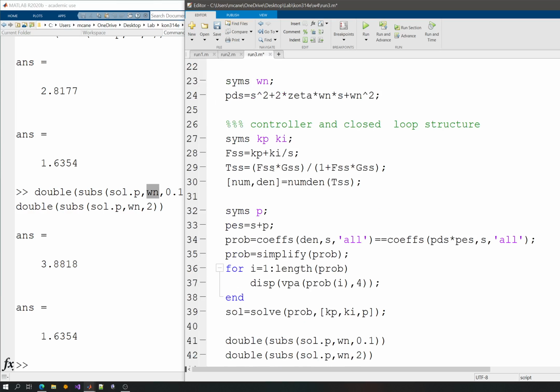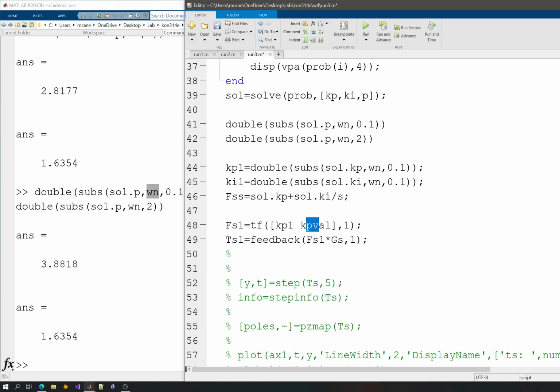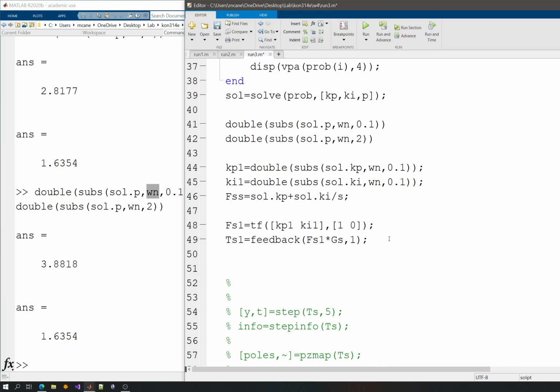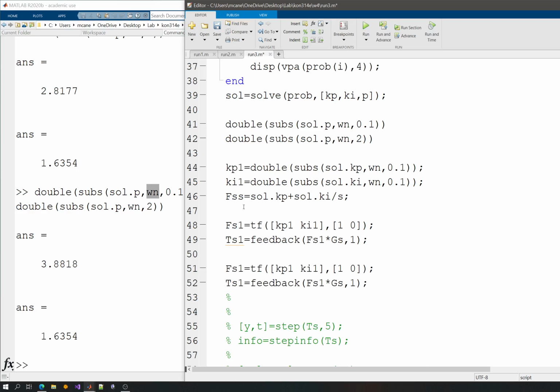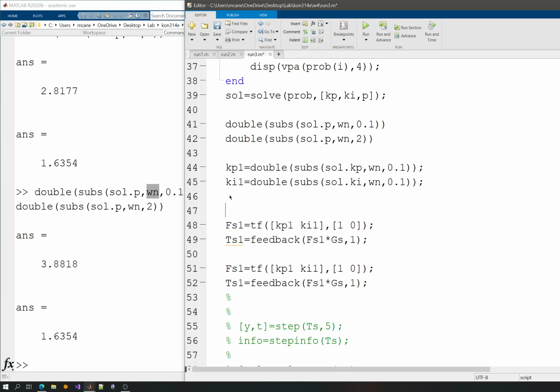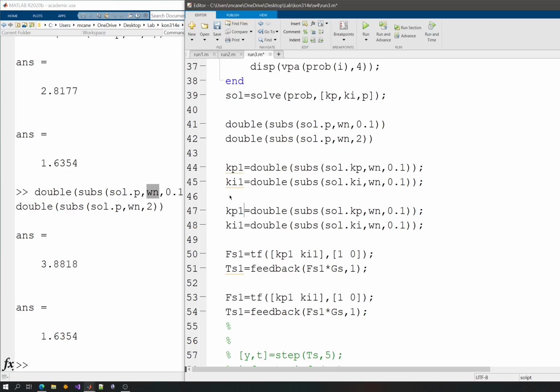Now, since my controller term is kp times s plus ki divided by s, I will first give kp and then ki. So this way I will define it. Since I have an integrator, I should also change this here. Now I have the first controller that I've used here. I will also define the second one, and this is not necessary, so I can also use a different solution set here.